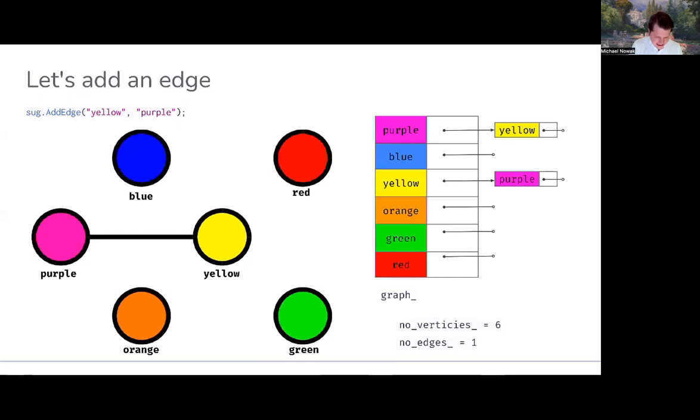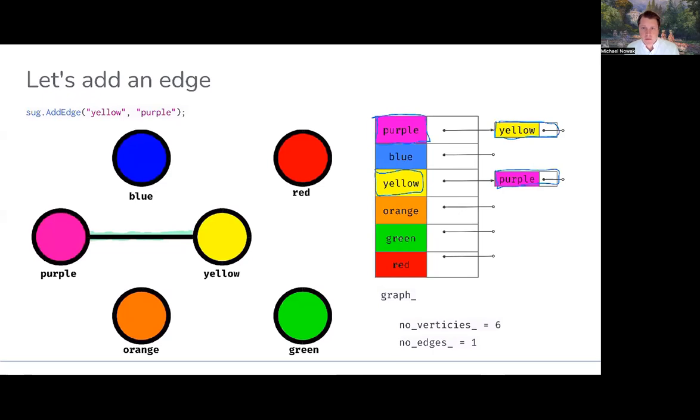To create an edge between yellow and purple, this function, after making the prescribed checks, is going to create an entry in purple's adjacency list with yellow. And then it's also going to create an entry in yellow's adjacency list to purple, since that edge is undirected.